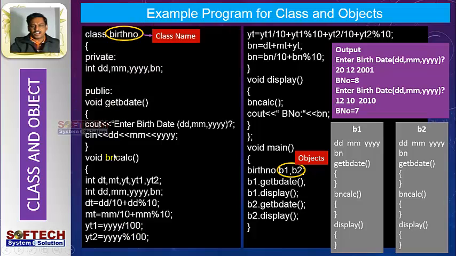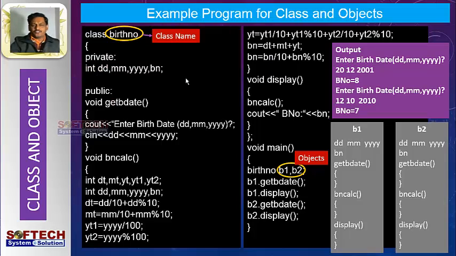We cannot access them outside the class or through an object. For security purposes, the data member is a raw material, so we want to protect it through the private access modifier. So here we declare private integer dd, mm, yy, bn. These are all the data members.